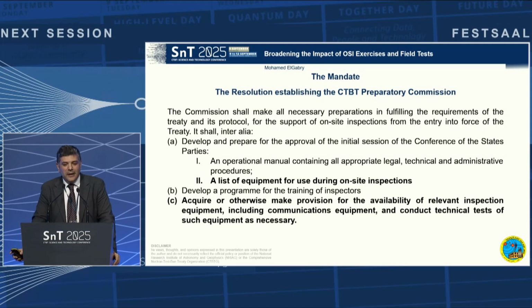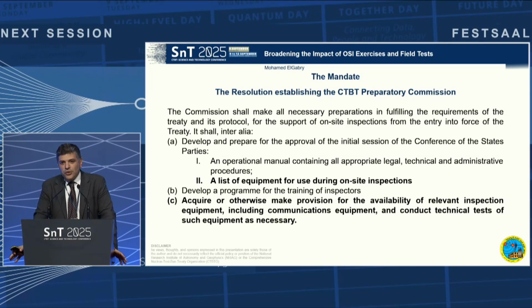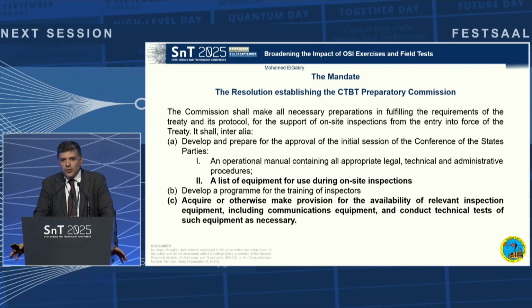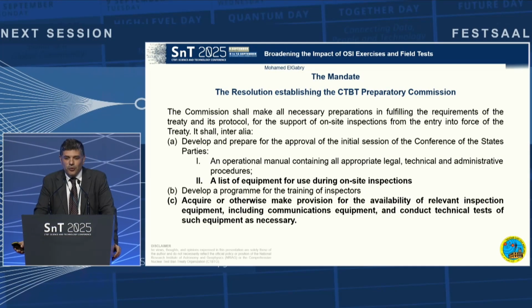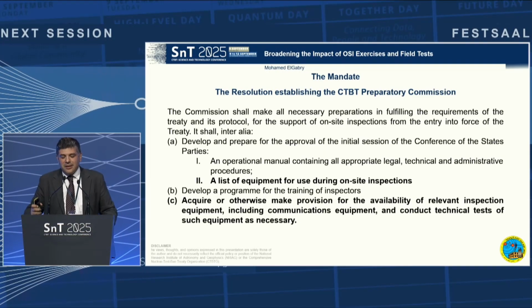But as you know, the CTBT is not yet in force. What are we allowed to do until it is in force? We have this from the resolution established in the PrepCom. We have 3 bullets. The first bullet is about documentation.